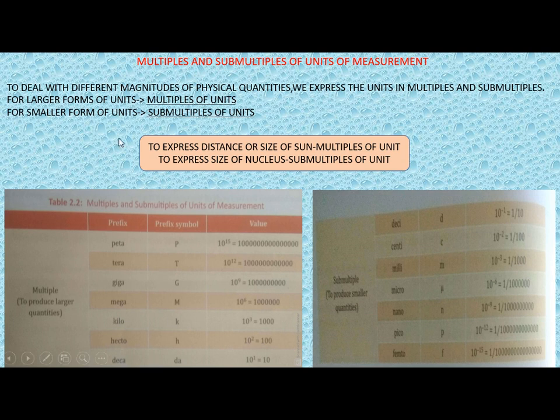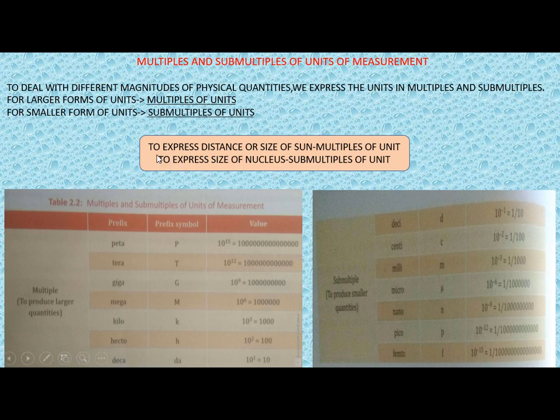Then the next topic is multiples and submultiples of units of measurement. To deal with different magnitudes of physical quantities, we express the units in multiples and submultiples. So when do we use multiples of a unit and submultiples of a unit? Obviously when we have to represent a large quantity, we will use multiples, and when we have to represent smaller quantities, then we will use submultiples.